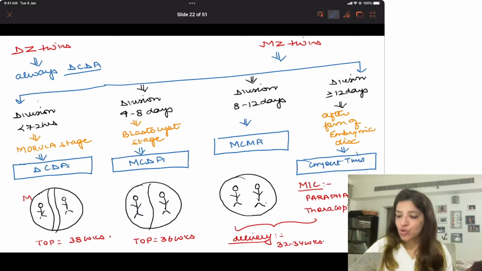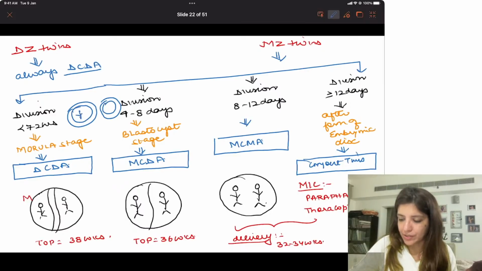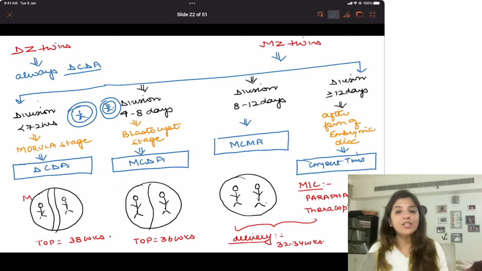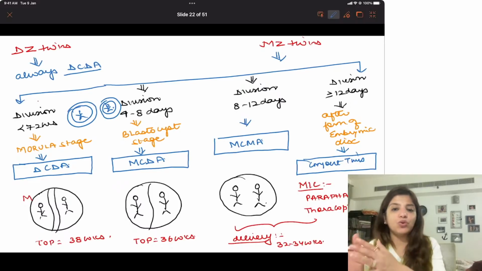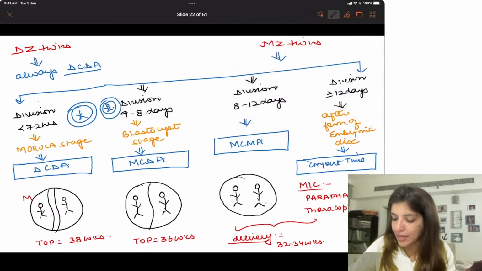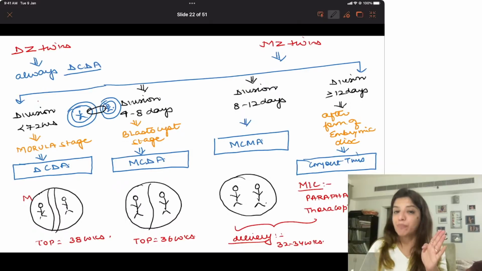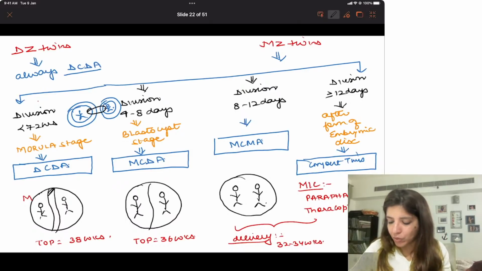Now, if you have to draw dichorionic diamniotic twins, so these are dichorionic diamniotic twins. Right? So each twin will have their own chorion, own amnion. So that means the membranes which are separating the 2 twins, there are 4 layers of membranes which separate the 2 twins. In other words, the membrane separating the 2 twins is very thick. Right?